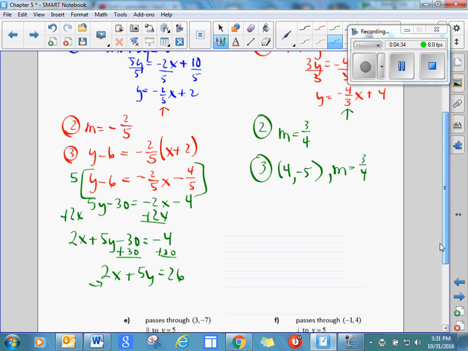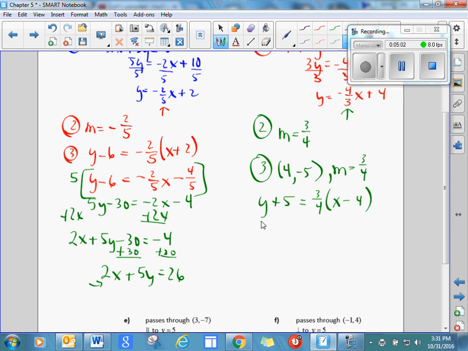So we can write it in point-slope or slope-intercept form. No, point-slope. Sorry, we don't have the y-intercept. So if we do that, we're going to say y minus y sub 1, or y minus a negative 5, makes plus 5, equals the slope of our new line, times x minus 4.